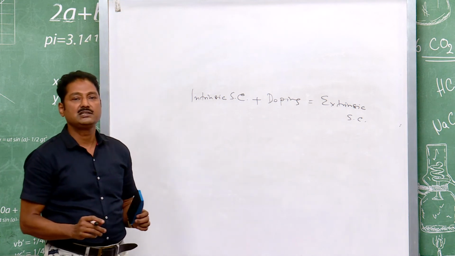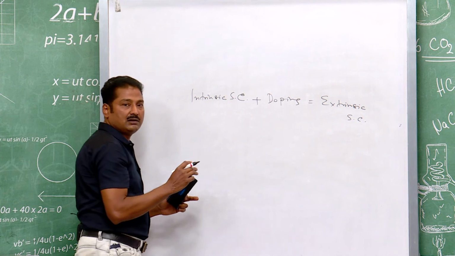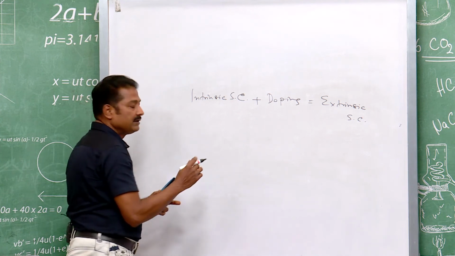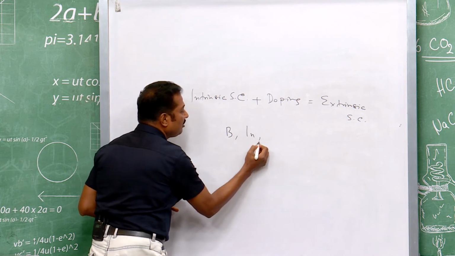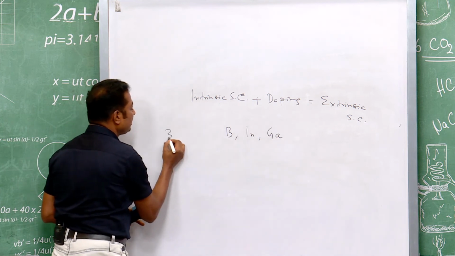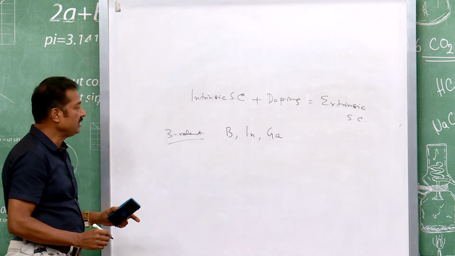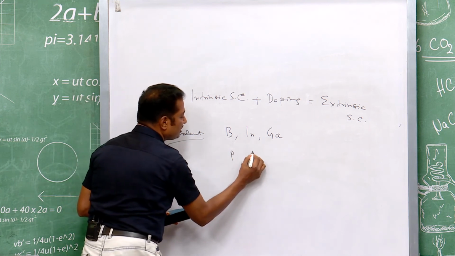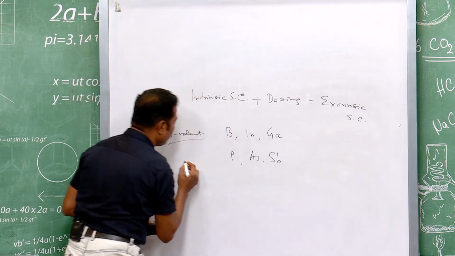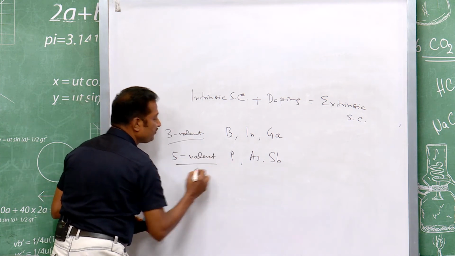Doping means a silicon is given boron or indium or gallium, which are called trivalent impurities, or you get phosphorus, arsenic, antimony, which are pentavalent impurities.